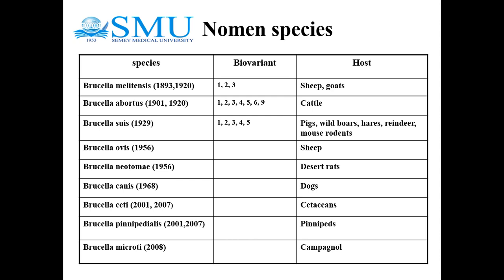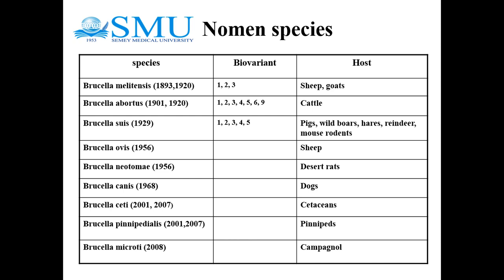However, for the sake of convenience, these have been classified into nomen species based on various properties such as preference of animal host, CO2 requirement, hydrogen sulfide production, genetic composition, bacteriophage susceptibility, tolerance to bacteriostatic dyes, and agglutination with monospecific antisera.